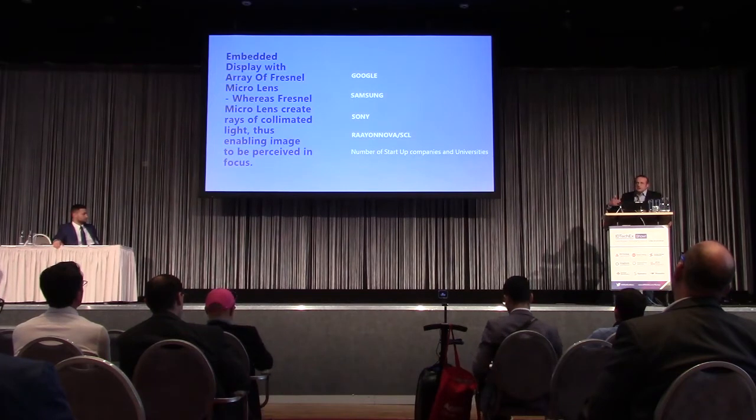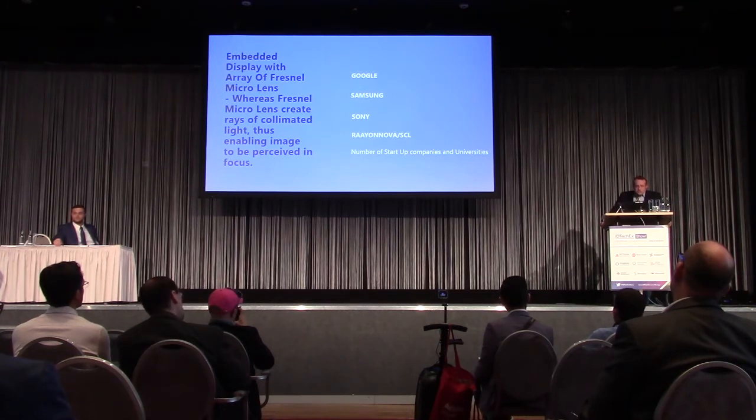So children can focus, I believe, on up to 7 centimeters. And as we grow older, our ability to focus on an object which is close to the eye degrades significantly. So once we reach 40, 45, we cannot focus on an object which is closer than 10 centimeters, right?